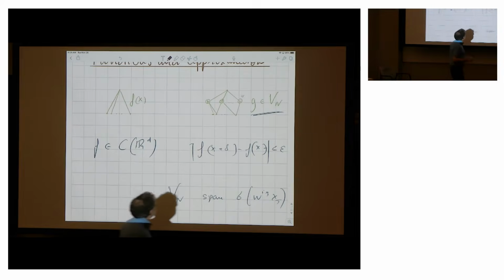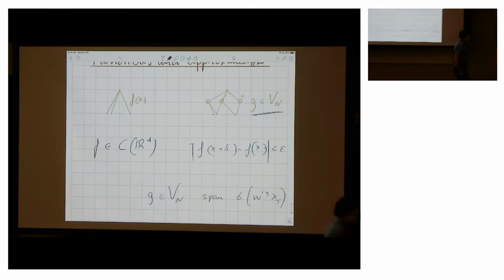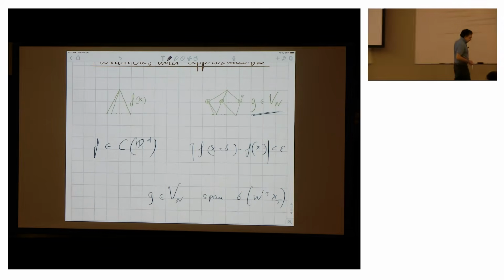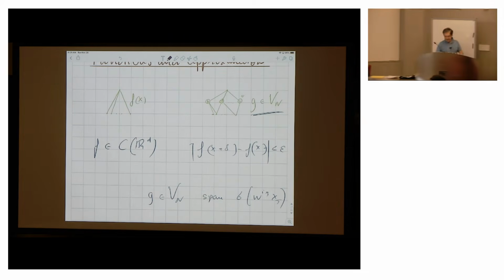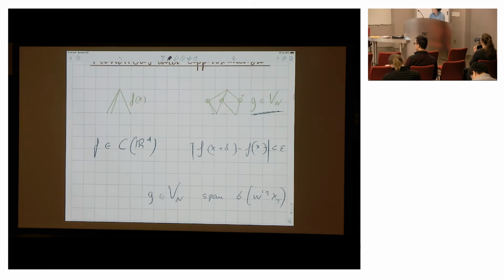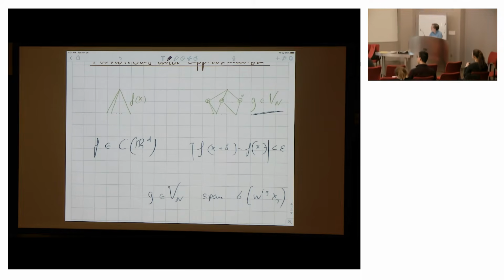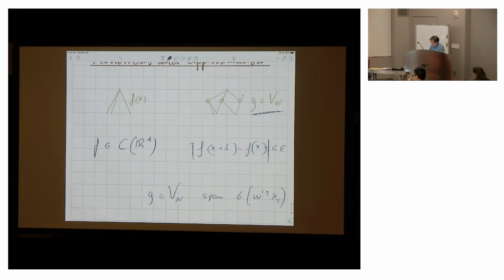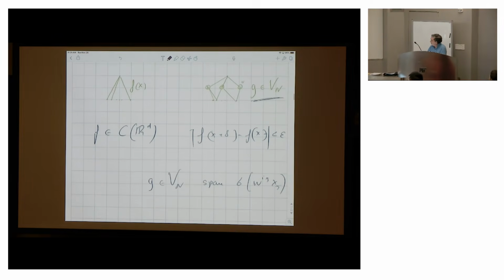And then on the right, you have networks that you can use, which are also functions of a particular type that I can use to try to approximate my target function. I assume that the target function, as I said, is continuous.